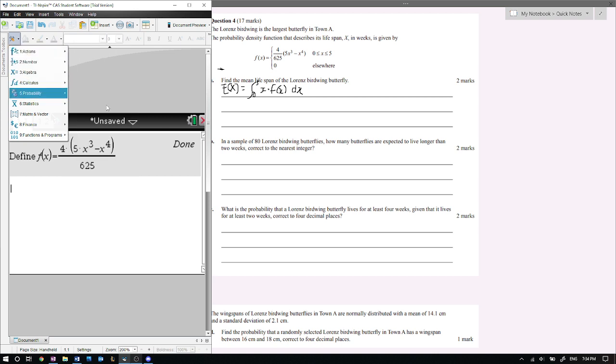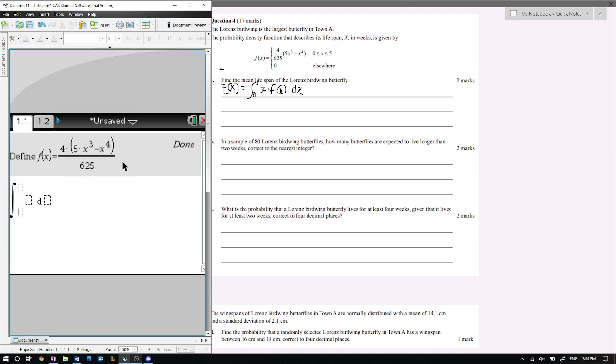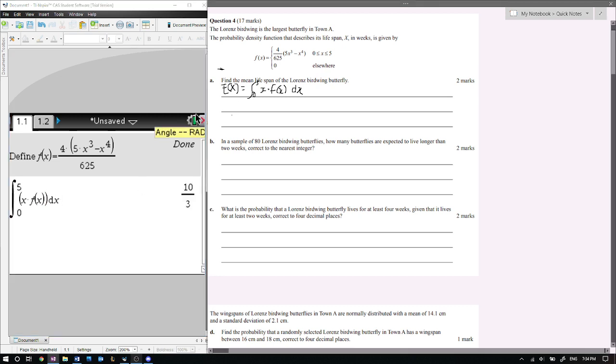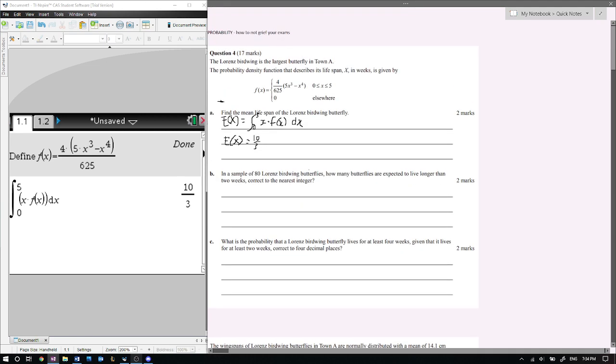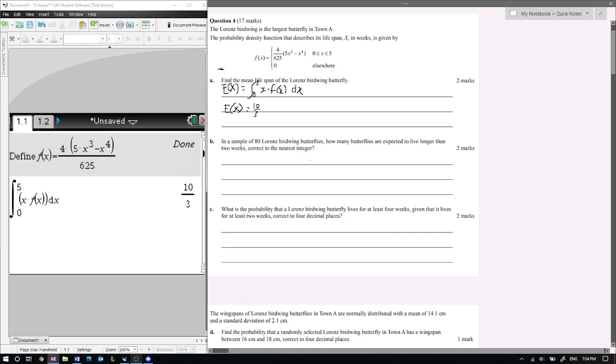Here we go. And then I can integrate times it by x, and that should give me the expected value. So my expected value is 10 over 3. There's not much to that question. It's just you got to know the formula to find the mean of a probability density function.